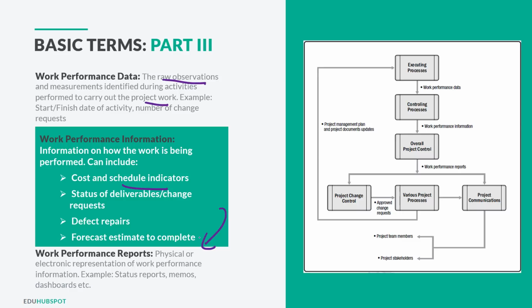When I'm talking about this conversion, I'm talking about inputs and outputs. When your input is work performance data, which happens in your monitoring and control processes, that data will get converted into information, so your output will be the information. In a few cases where the information is the input, your output will be the work performance reports.